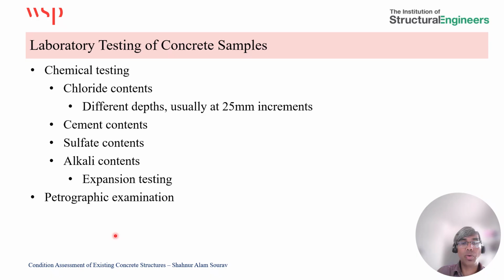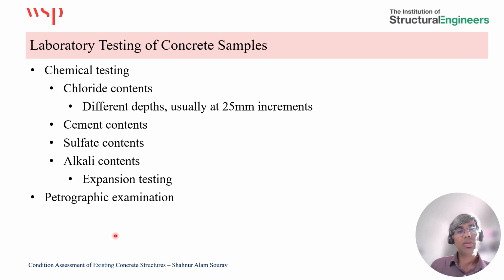On top of those in situ testing, we need to consider lab testing as well. In many cases, we need to determine the level of contaminants in the concrete to assess the level of deterioration that we are expecting in the concrete, or to assess the level of risk that is present at the time of testing.